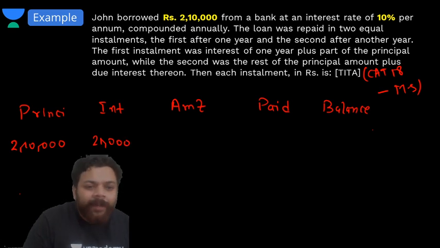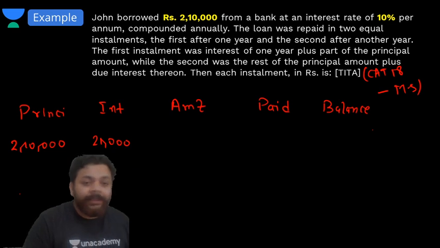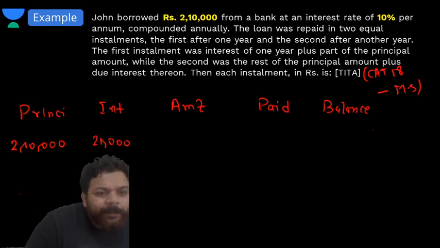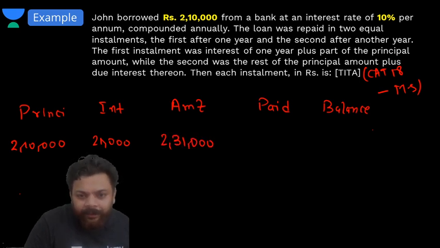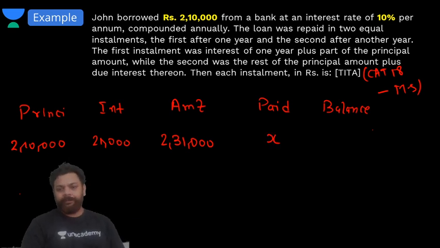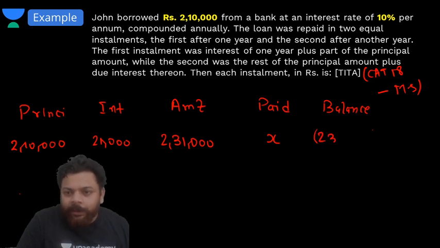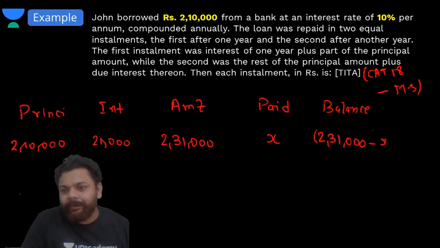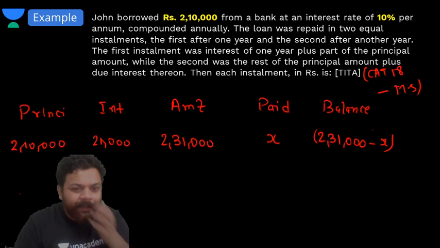In total amount, we need to add interest to this principal value. So the total amount is going to be 2,31,000, and I'll assume that X amount is paid. So balance amount is 2,31,000 minus X. So this is the overall story of the first year.